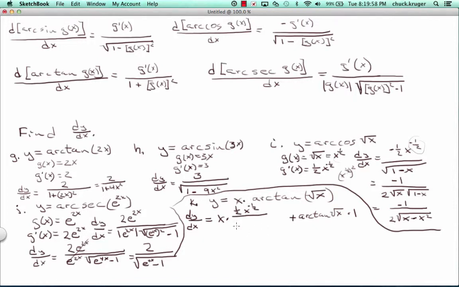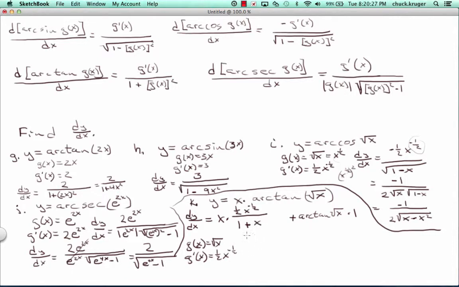And down here it's going to be 1 plus g of x, right? G of x was equal to the square root of x. G prime of x is equal to 1/2 x to the negative 1/2. That's where I get that. So when I square g of x, I'll get x.